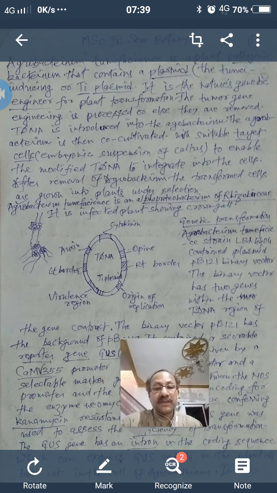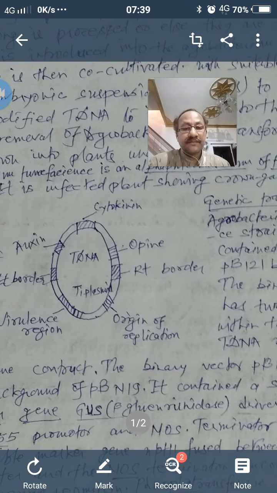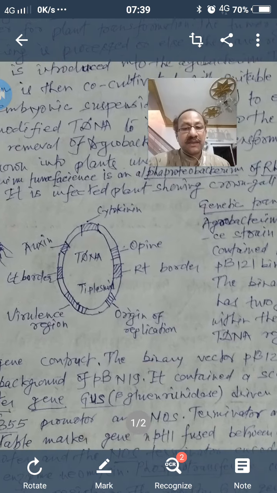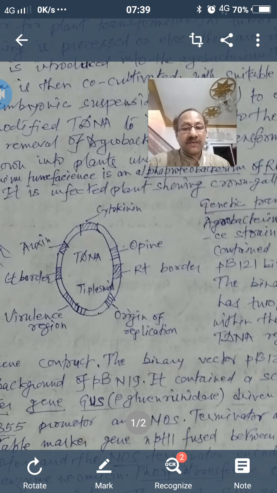The crown gall is being shown and the constructs are being shown here: the left and right border sites, T-DNA, Ti plasmid, origin of replication, origin of virulence, and the virulence region. Auxin and cytokinin genes participate here to transfer the genes.